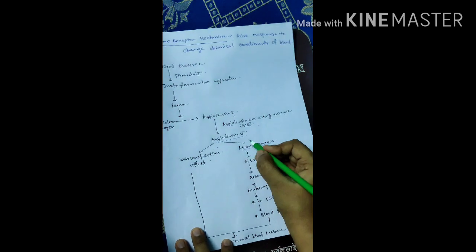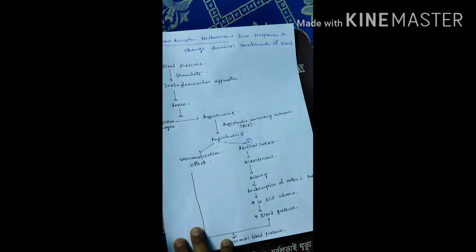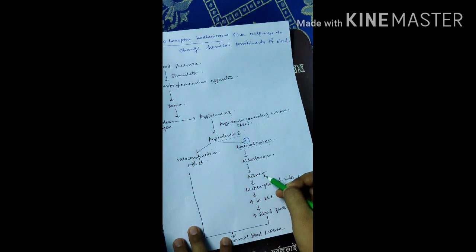This angiotensin 2 also stimulates the adrenal cortex, and from here aldosterone is released. This aldosterone stimulates the kidney to reabsorb water and sodium. If the sodium and water are reabsorbed in the kidney, the blood volume will be increased.